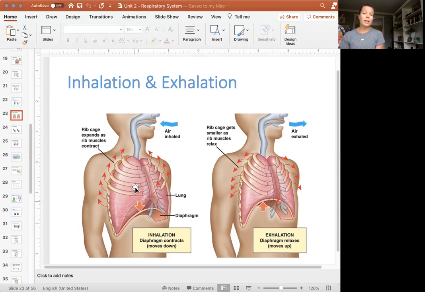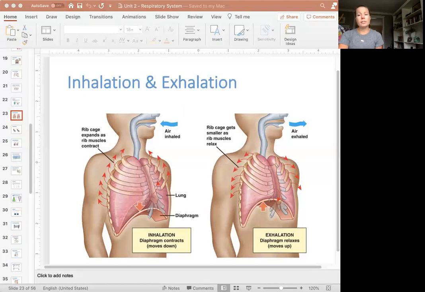Atmospheric pressure is now higher than intrapulmonary pressure. So air is going to diffuse into the lungs. It's going to move from higher pressure, in the air surrounding the body, to where there's lower pressure within the lungs. Air just diffuses in, and that is inhalation.